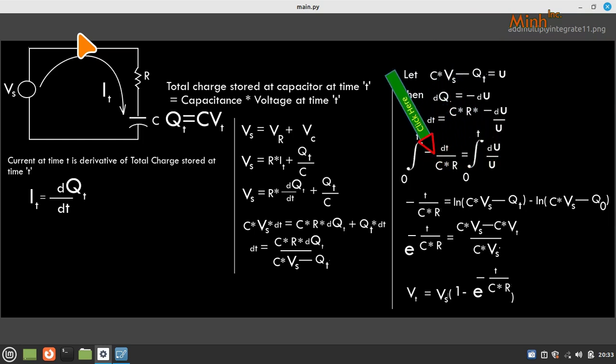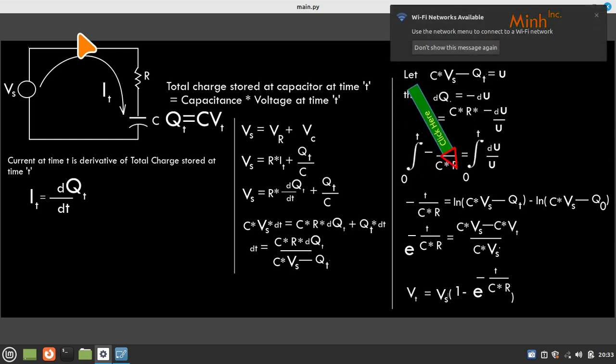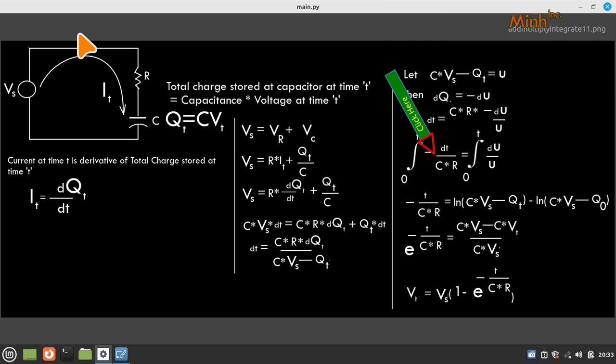Now we can see there are two equations. One equation is dt, where t is a variable, and the constant is minus 1 by CR. So I am doing integration of minus 1 by CR dt over the time t. So we are calculating area of a constant.